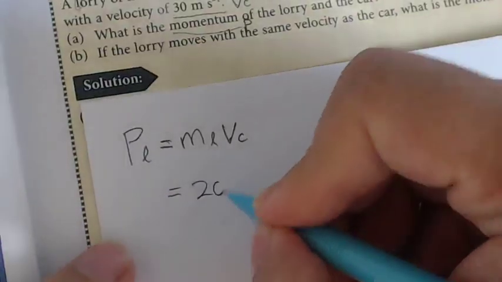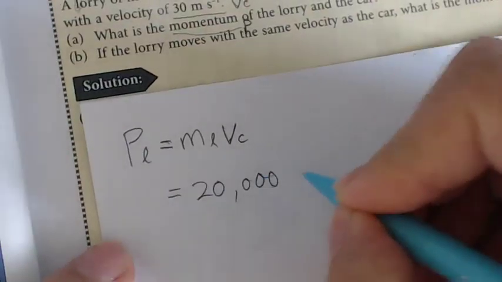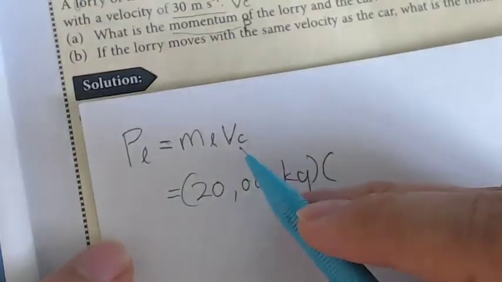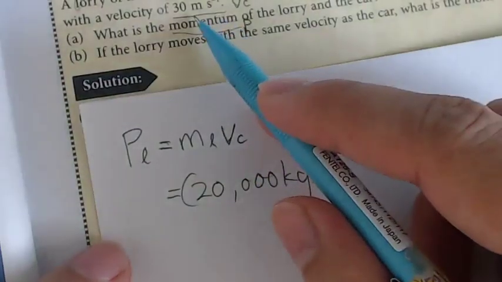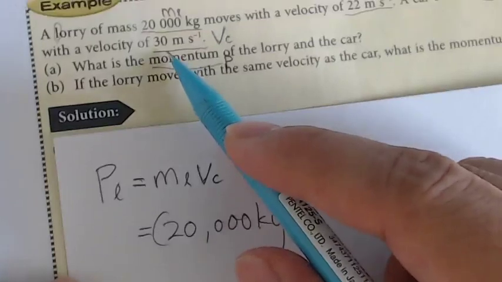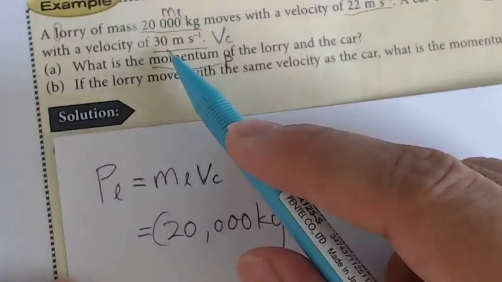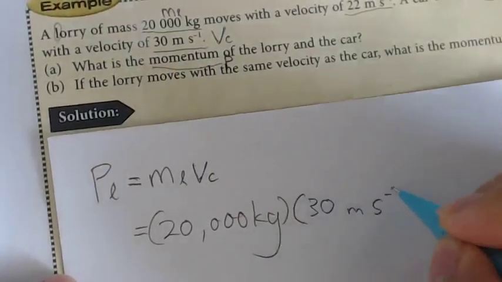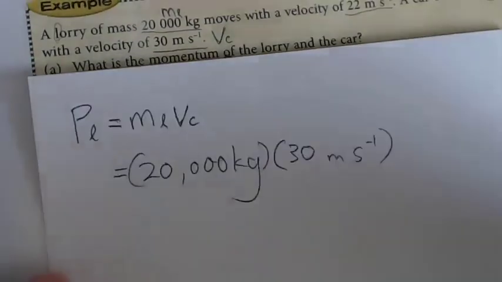ML is still 20,000 kilogram. And VC is the car speed, velocity 30 meters per second. Okay, now multiply.